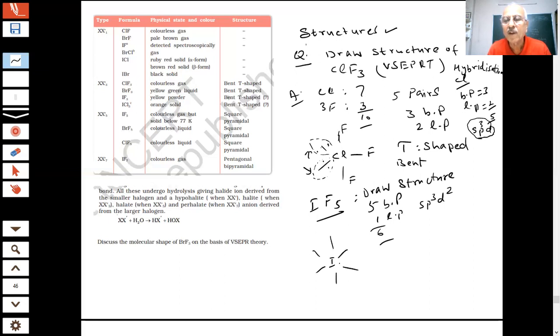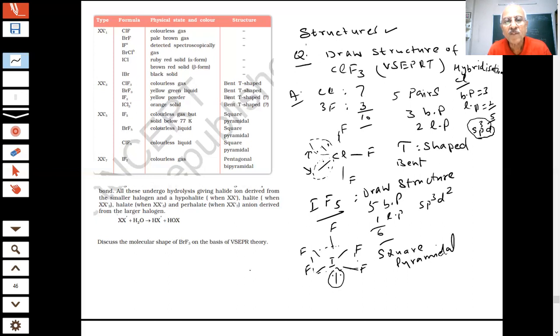There is one lone pair of electrons and putting the fluorines, how will it look, students? It will be square pyramidal. You can apply the valence shell electron pair repulsion theory also, no problem, students.